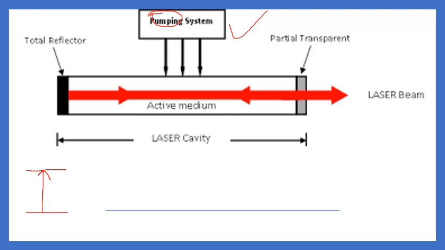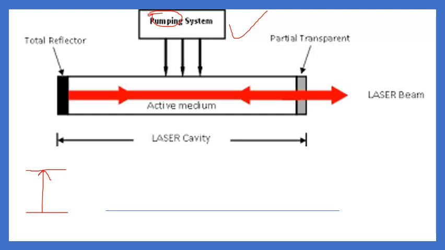For helium, neon, and CO2 gases, we use a discharge tube and apply an electrical discharge. This is one of the most important pumping methods.